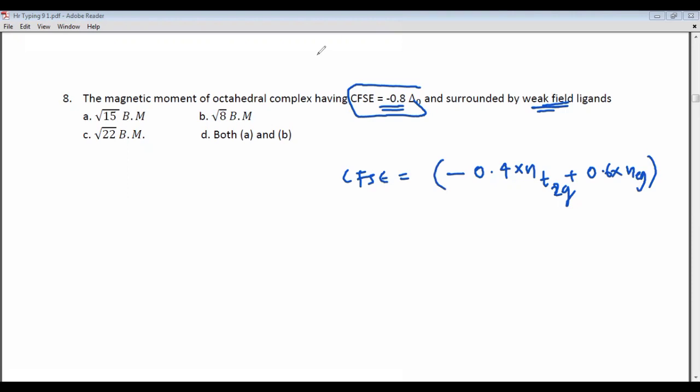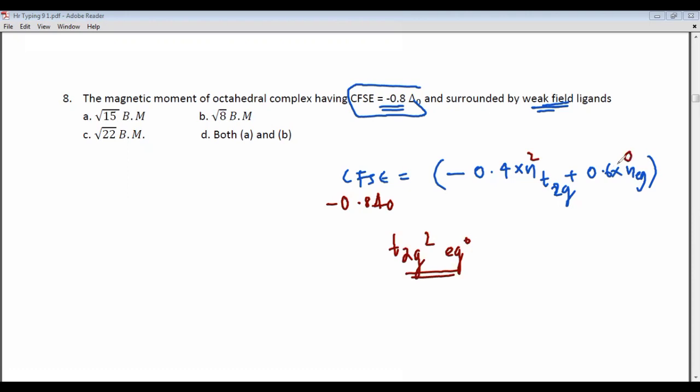This equation, right? Fine. So what configuration is satisfied to bring the answer as minus 0.8 delta? I think if this is 2 and this is 0, that's perfect. Okay, so t2g2 eg0 is okay. Then you obtain minus 0.8.